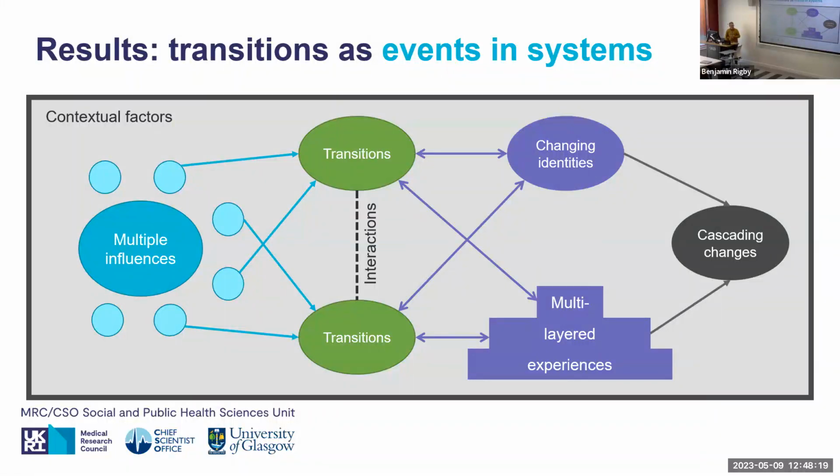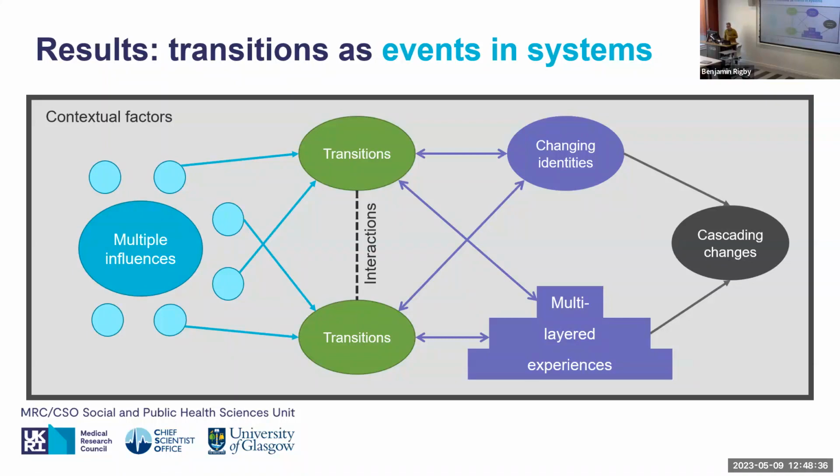They evolve over time, they're absolutely not static, and we can characterize them as events in systems in a number of different ways, we think, in terms of the multiple influences shown in blue, and the fact that transitions interact with lots of other different components in people's lives, often other life transitions.